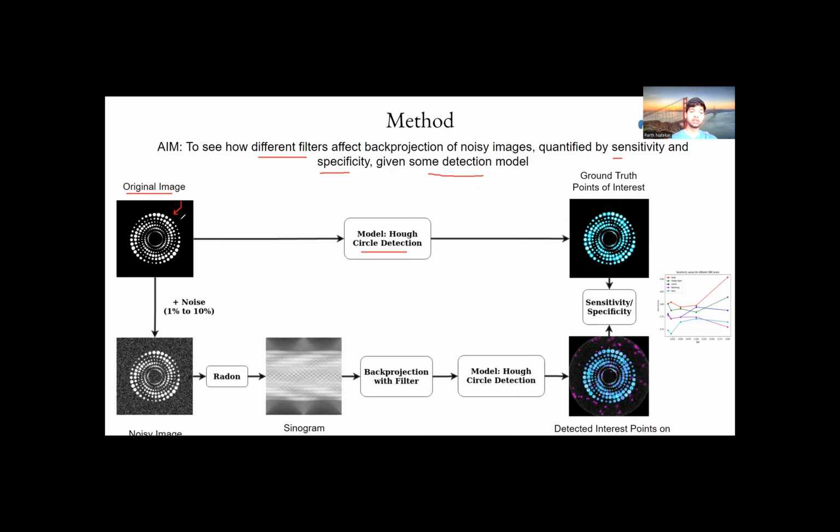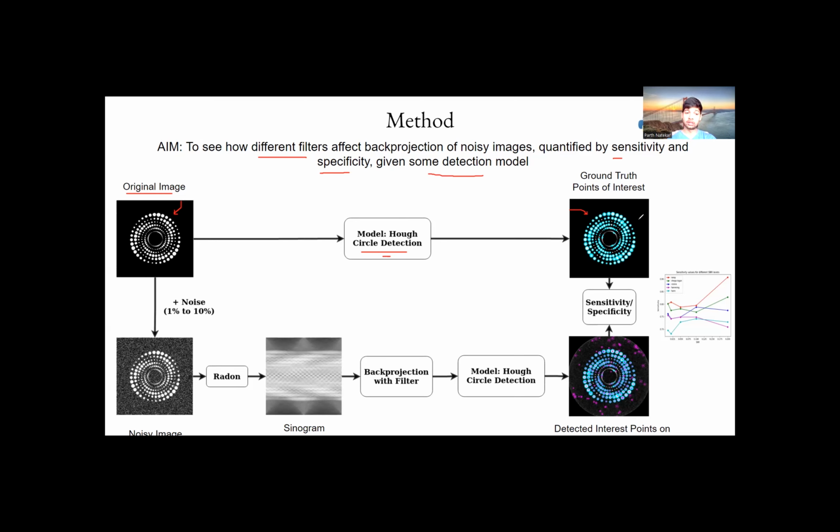So what we do is initially we run this detection model on the original image, right? And we get these ground truth points of interest. So every circle highlighted in light blue or cyan is identified by our detector or our algorithm or our model. And these interest points now become our ground truth interest points.